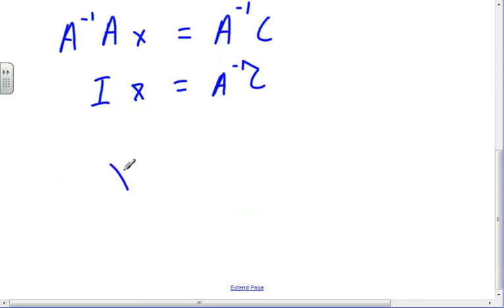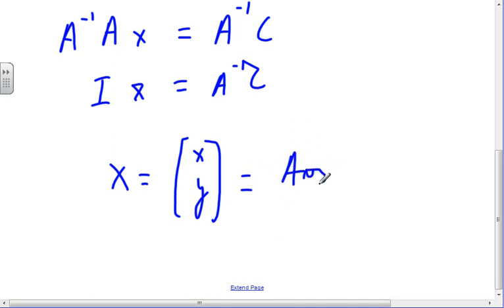So X, which is just my X and my Y, that's all that X is going to equal, my answer. So by just taking inverse A C, I can get the answer to these two equations, two unknowns.